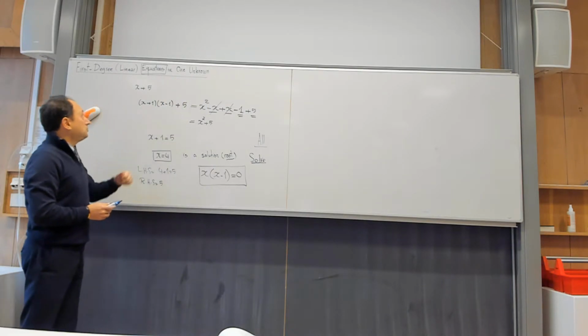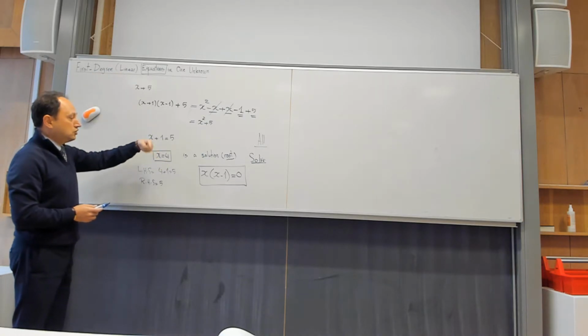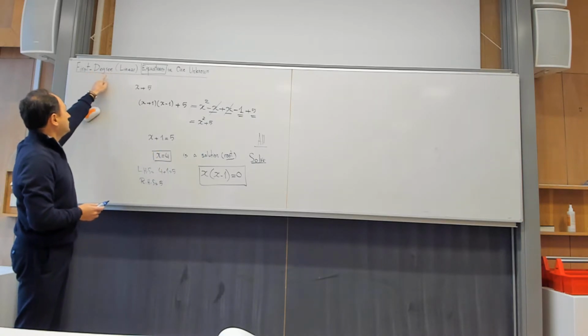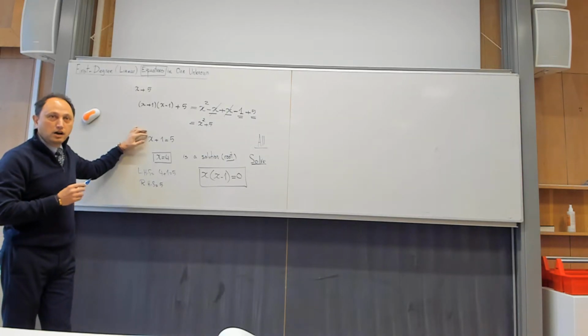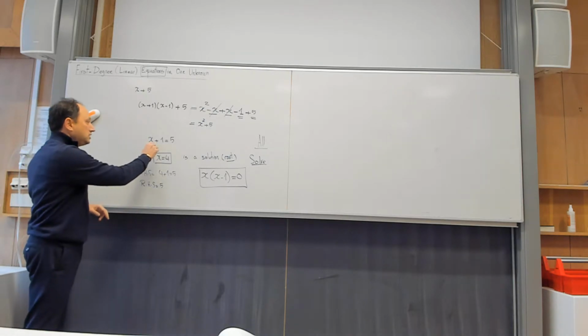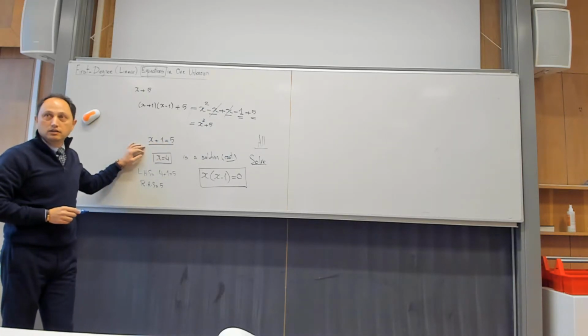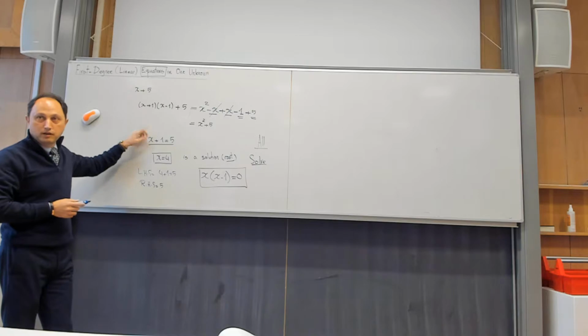Okay, but is this a first degree or linear equation? No. What is the meaning of first degree or linear? It means that the highest power of the unknown is 1. Here, this equation is a linear equation, because the highest power of the unknown is 1, x to the power of 1.